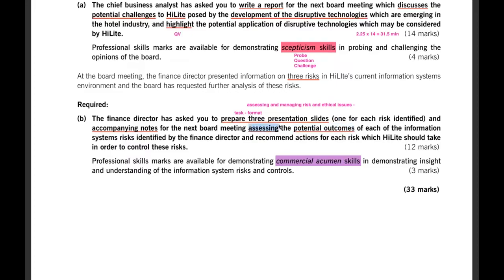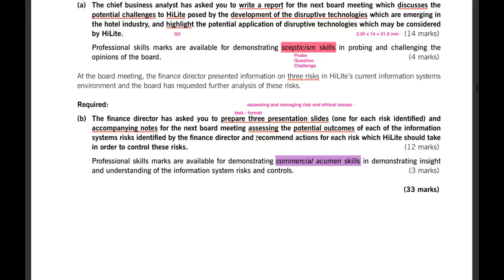Okay, this is your question verb, assessing potential outcomes of each of the information system risks identified by the finance director. All right, that's one particular thing that you need to do.